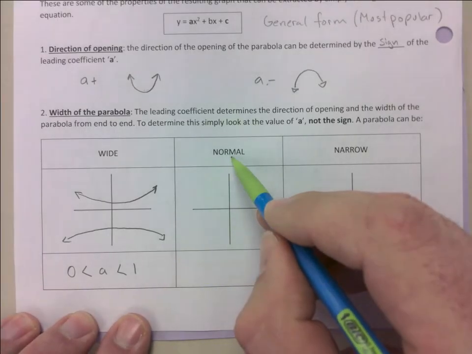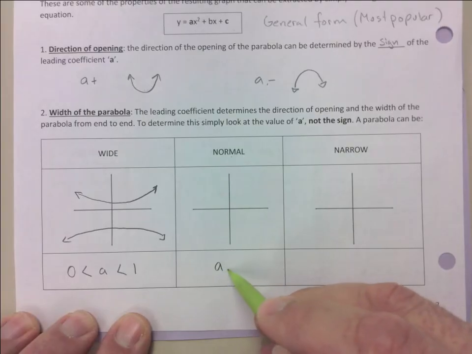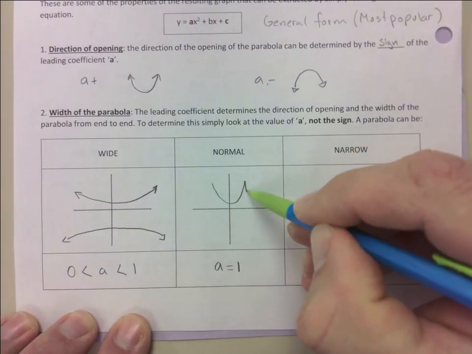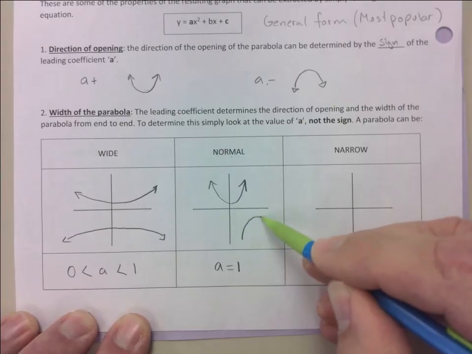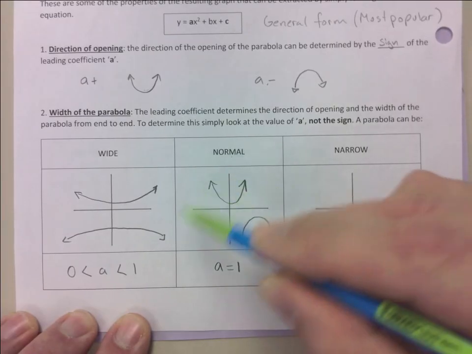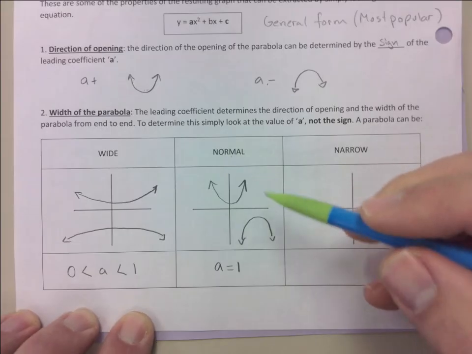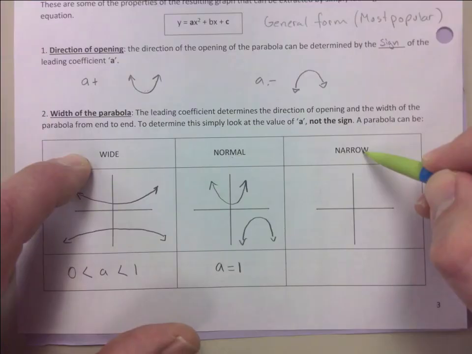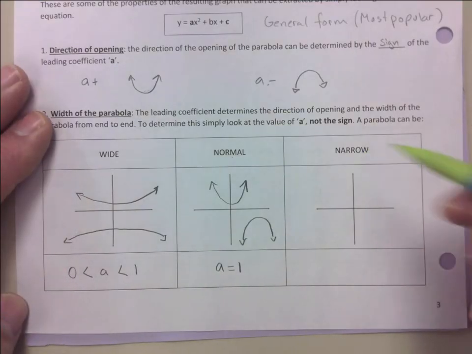Okay? Normal, this one is kind of irrelevant, but if A is equal to 1, we just have what we call a normal width. Like it just looks like this, or it looks like this. Like it could be all over this coordinate plane, but it's just a normal curve. But wide and narrow is the one I want you to really know, how that works.